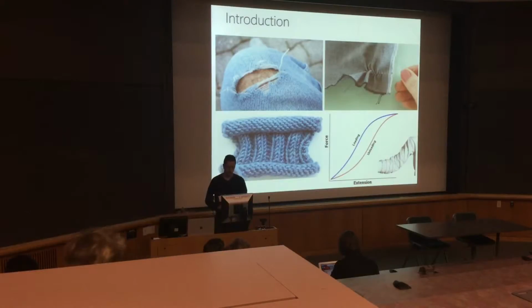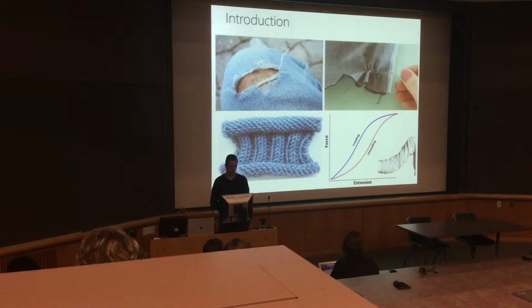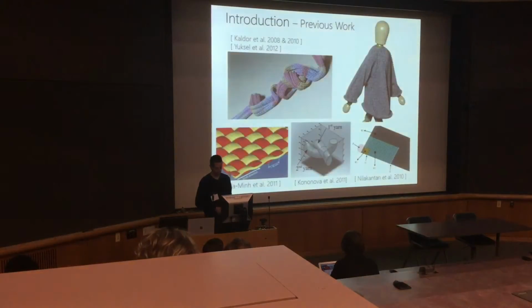There are also more complex effects such as the curling of some knits around the edges, or hysteresis effects due to internal friction of the cloth, which usually leads to some nice persistent wrinkles across a garment. These are hard to capture if you're not dealing with yarn-level models.